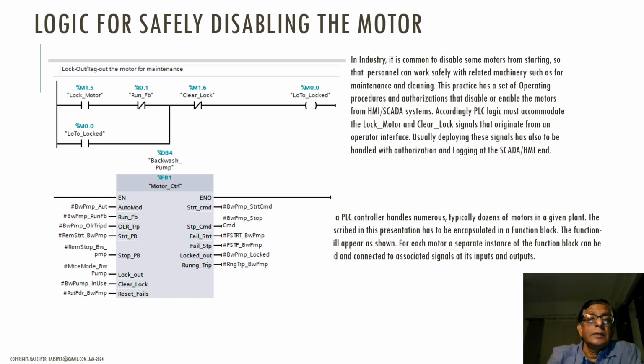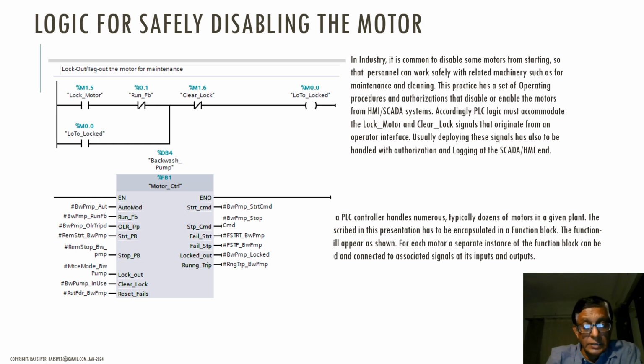Okay, of course, in the rung here, it looks very simple. But that lock motor and clear lock are originating in SCADA, and though these are discrete signals, they are put in place after properly entering the system by way of authority authentication.